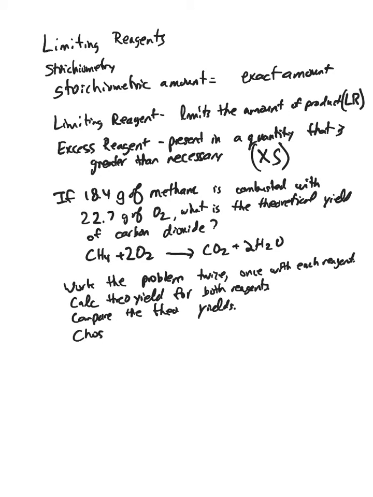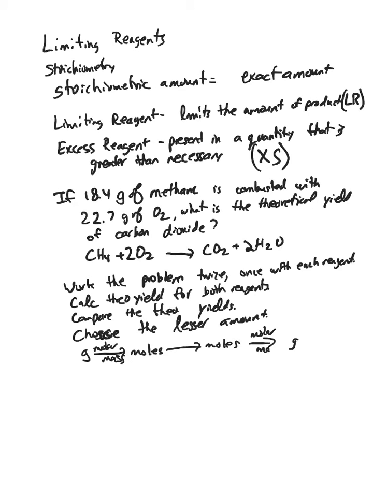And then we're going to choose the one that gives us the lesser amount. And that will be the amount based on our limiting reagent. So in all of our problems, when we're doing stoichiometry, we'll be doing grams to moles to moles to grams, using the molar mass to convert grams to moles or moles to grams, and using our stoichiometric ratio to go from moles to moles.